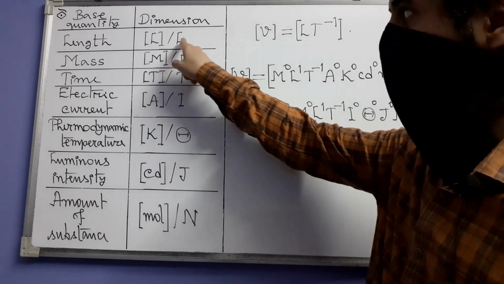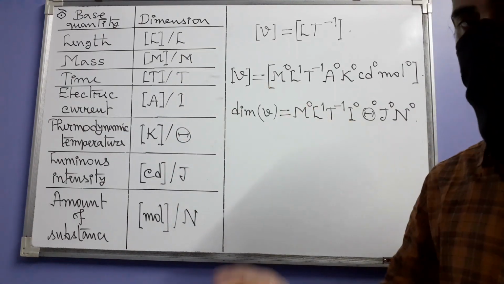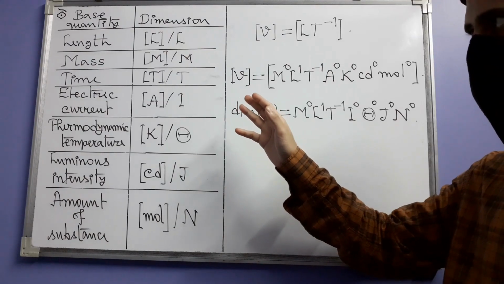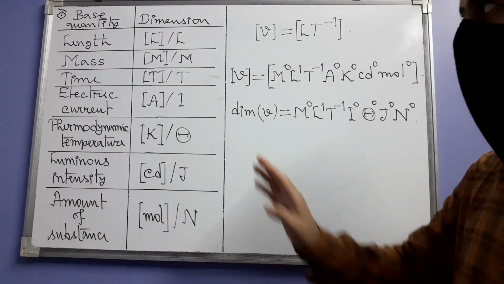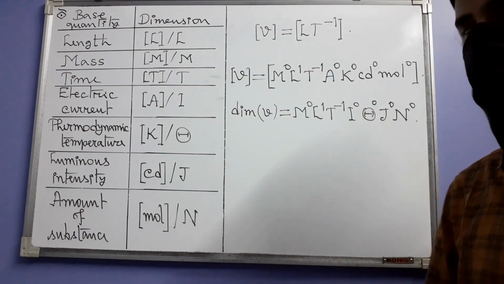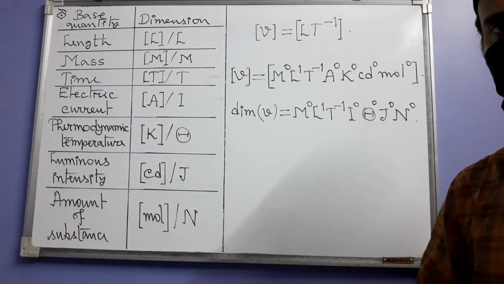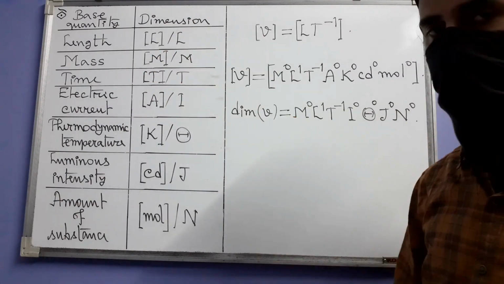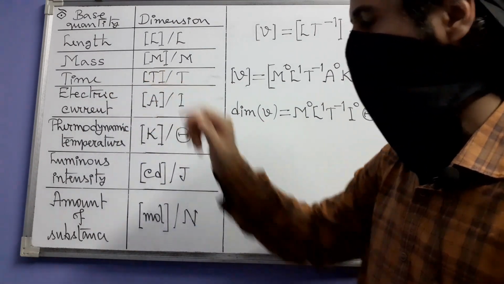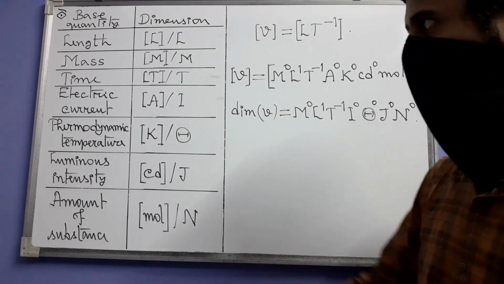You may also see that there is another notation, that ordinary capital L without any square brackets. I am coming to that later, okay. That is also used elsewhere. We are not going to use that notation. Mass has dimension M within square brackets, or someone can simply write capital M. Time has dimension capital T within square brackets, or one can write simply capital T.